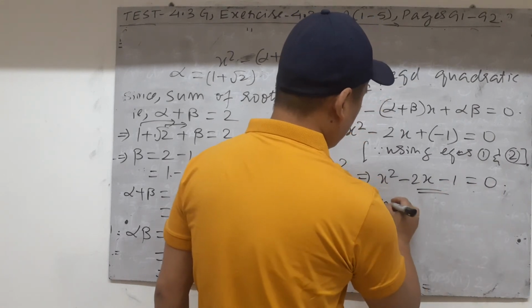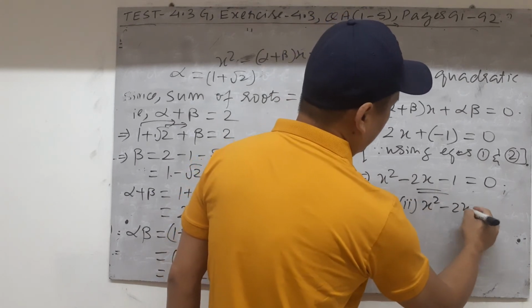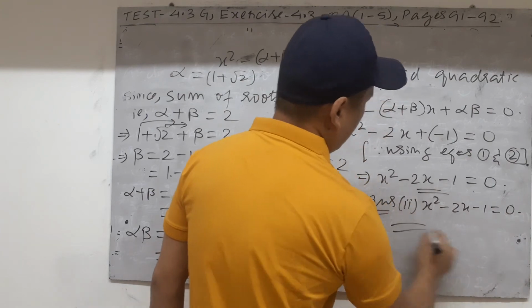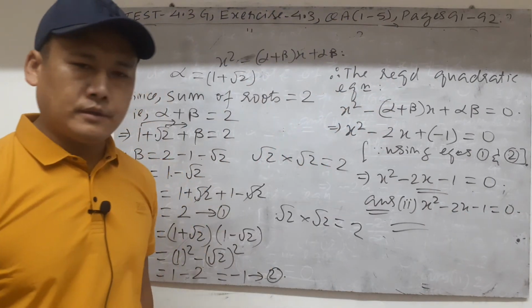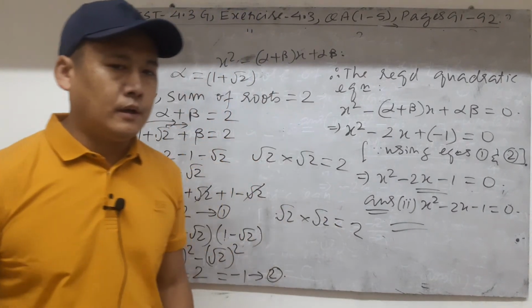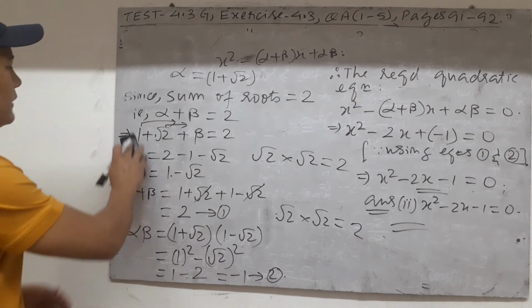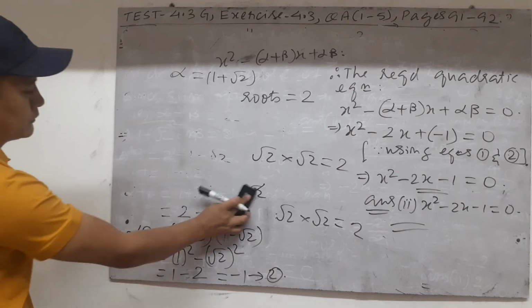So this is our answer, which is the same as choice 2, x squared minus 2x minus 1 equal to 0. Okay, I would suggest this method to make it easier for us to solve. Otherwise the first method is also fine. If you are fine with it, that's up to you.